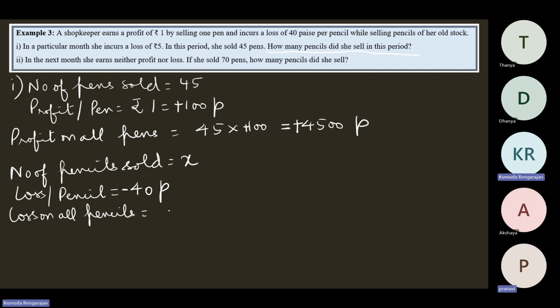The loss on all the pencils is the number of pencils sold, X, into minus 40. That 5 rupees is the total thing; I'll tell you where to use the 5 rupees. So minus 40X paise.